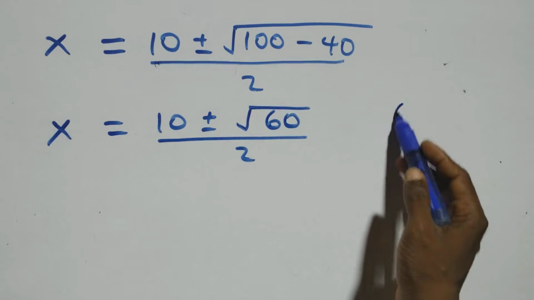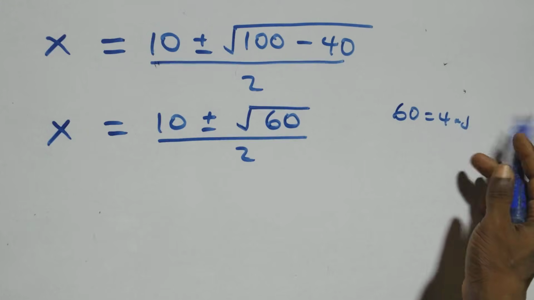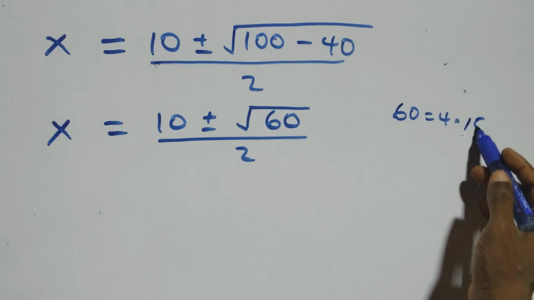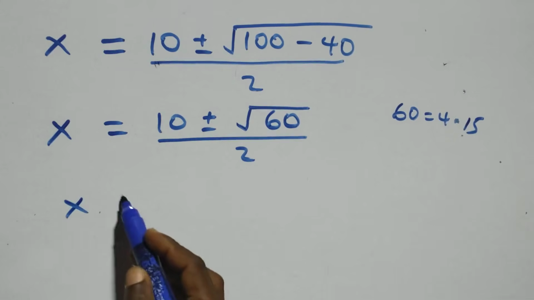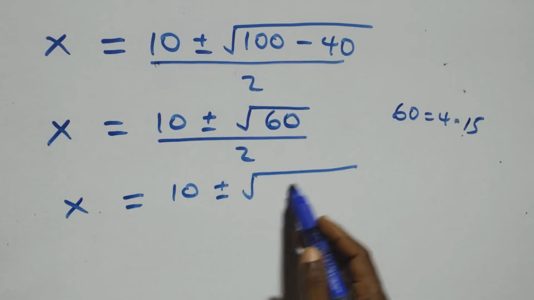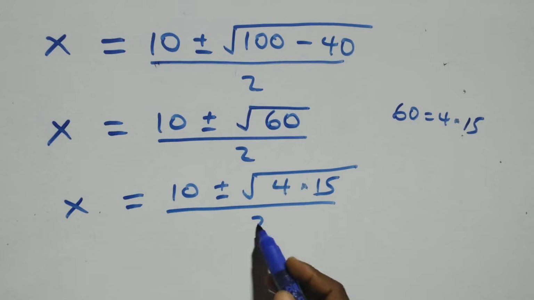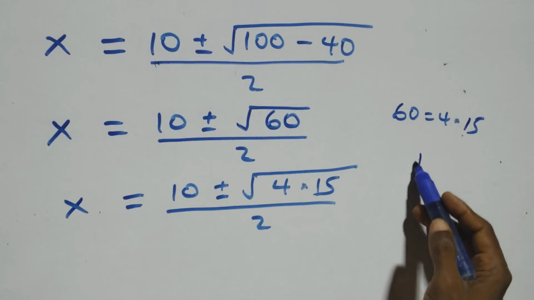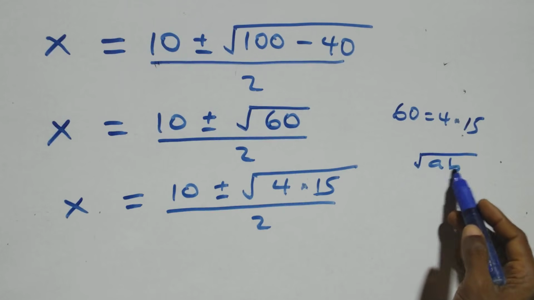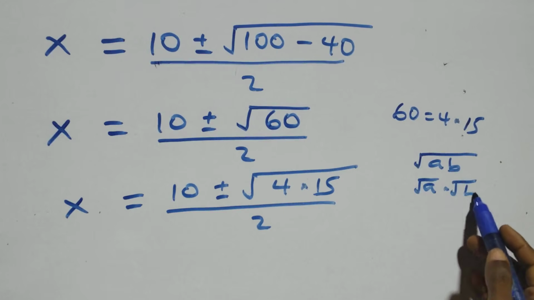Here we can express 60 as 4 times 15. Then x equals 10 plus or minus the square root of 4 times 15, all over 2. This also follows when we have root of a times b, which can be written as root a times root b.